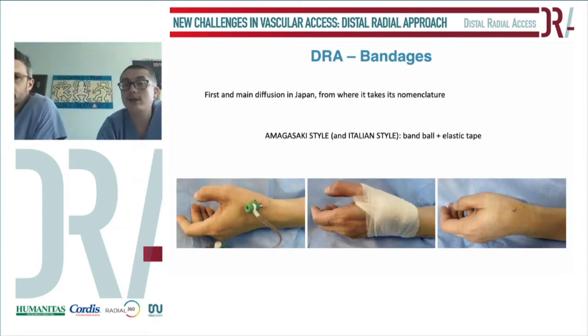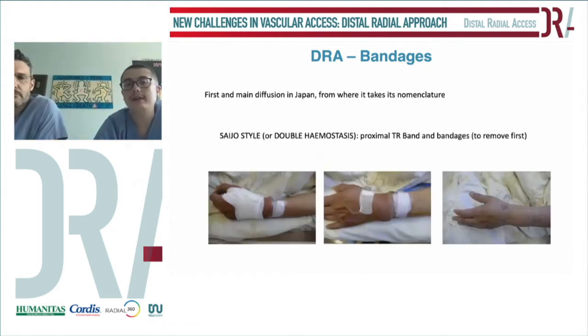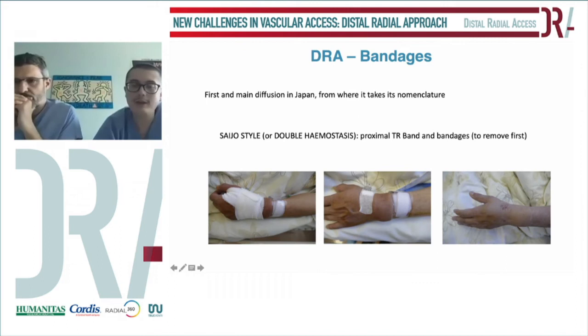We use a gauze ball and an elastic tape. It's easy and cheap. You can do it with a distal compression and a proximal TR band. In this case, surely you will achieve good hemostasis, but anyway, you lose your advantage of distal radial artery puncture.